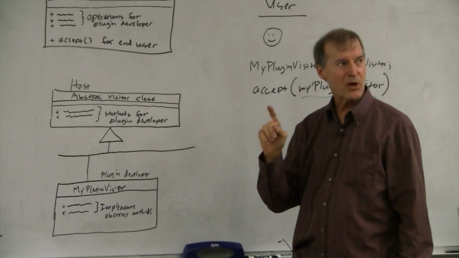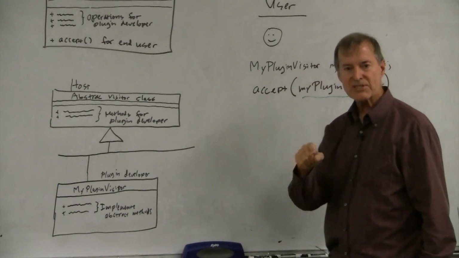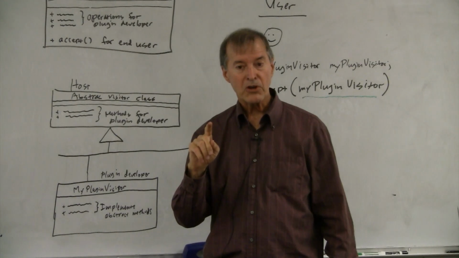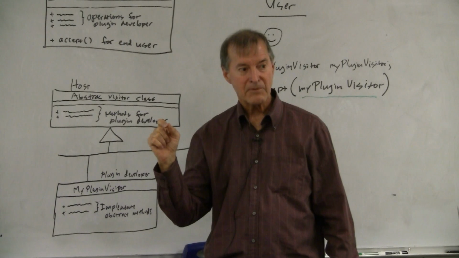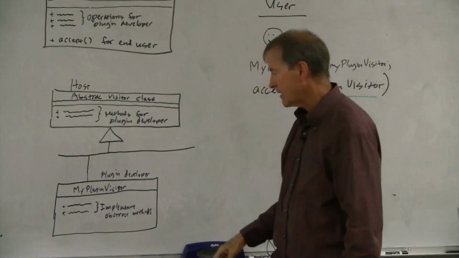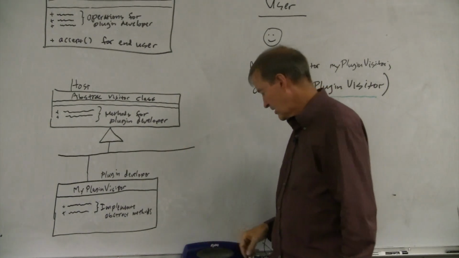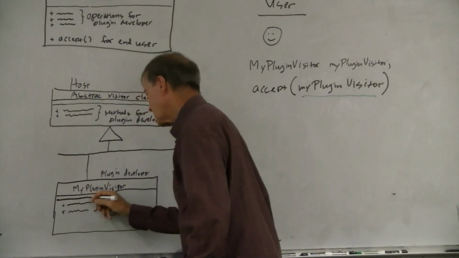Now let me just give one more idea before we delve into the details. Remember we said that one of the original problems was we don't know what the parameters should be. Remember we said, how do you know whether you're going to need parameters or not? Well, one of the things you can do when you subclass something else is what?